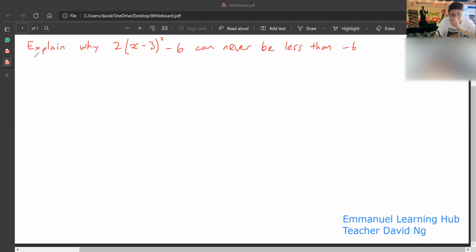Okay, whenever in your O level, right, they ask you to explain why or prove that, so on and so forth, it's always in this format. Okay, since, therefore, hence.